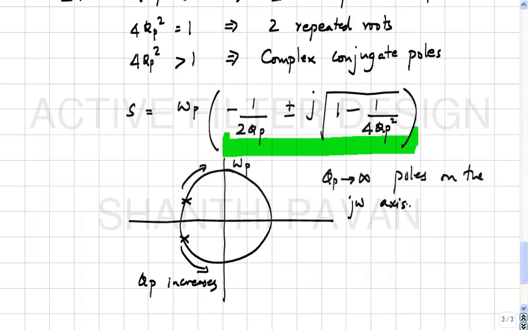So it makes sense to say that if the poles are close to the j omega axis, the quality factor of these poles is very high. And as the quality keeps falling, the poles start to move deeper and deeper into the left half S plane. Does it make sense? Ideally, if the quality is infinity, then you will have poles right on the j omega axis.